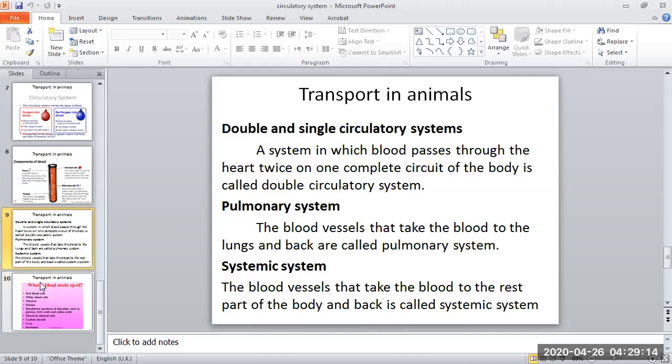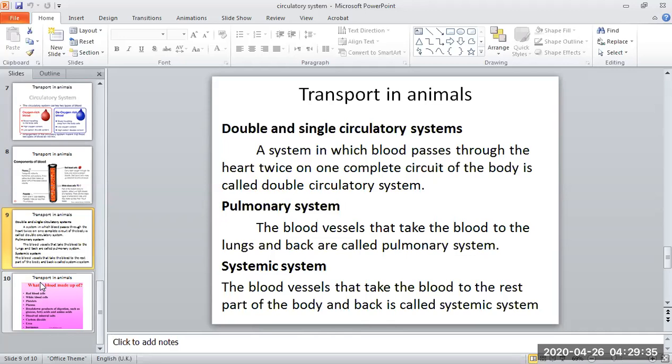Now here next is the double and single circulatory system, in which blood moves and comes back twice to the heart. Then there is the pulmonary system and the systemic system. These are two different systems.